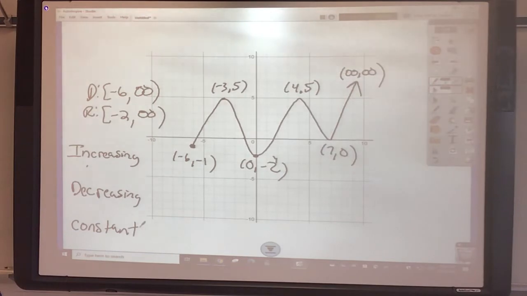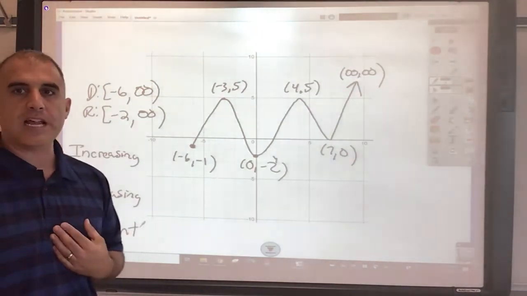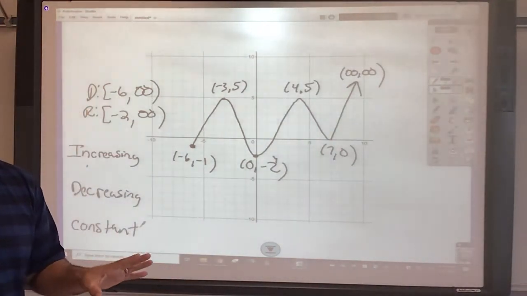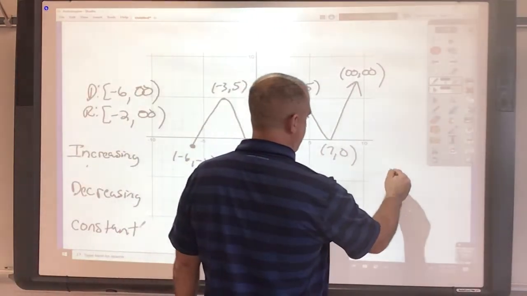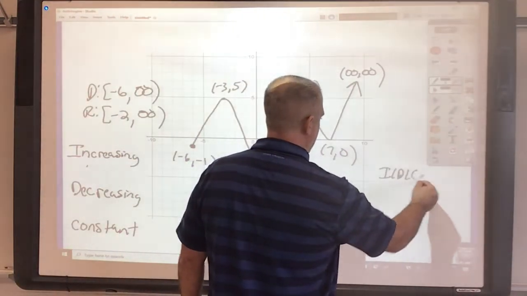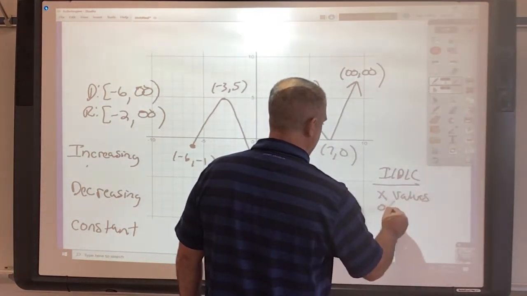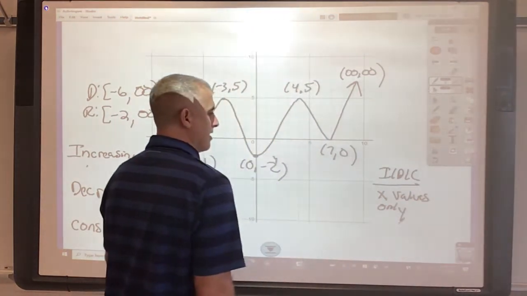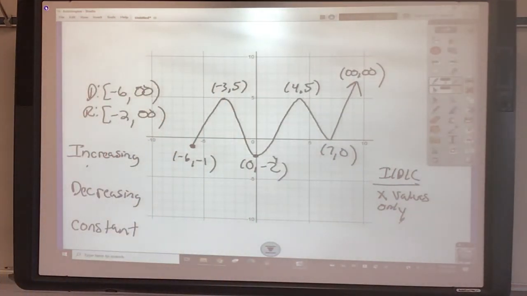Now, the idea behind increasing, decreasing, constant is if you've labeled all the stuff for domain and range, you're good. It's easy. Okay? Now, for increasing, decreasing, and constant, we want x values only. Okay? All right? We want x values only.